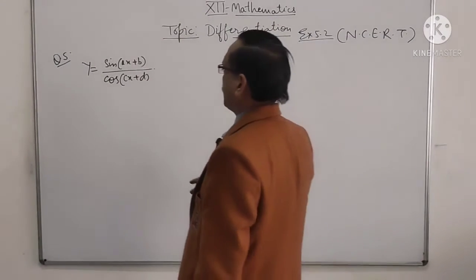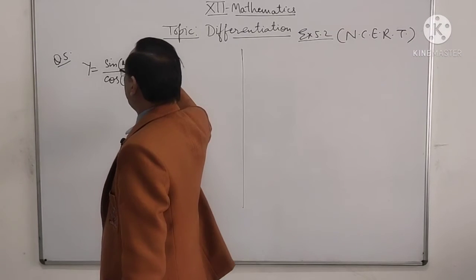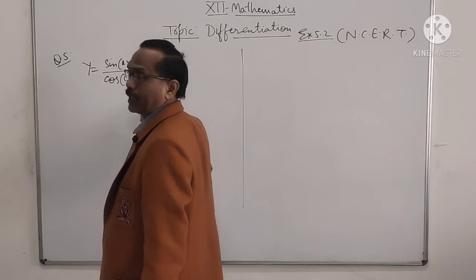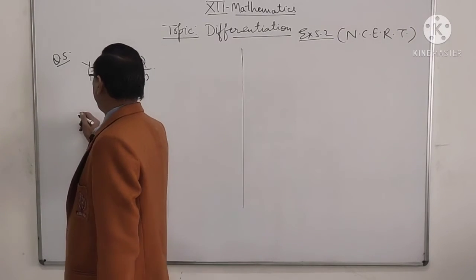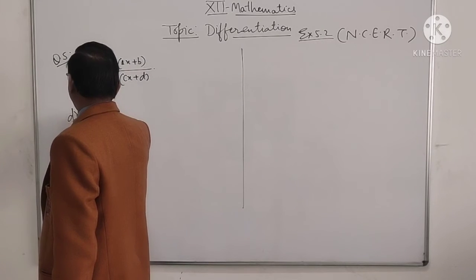Student, now the question is y equal to sin(ax plus b) upon cos(cx plus d). To differentiate this, we will apply the quotient rule.